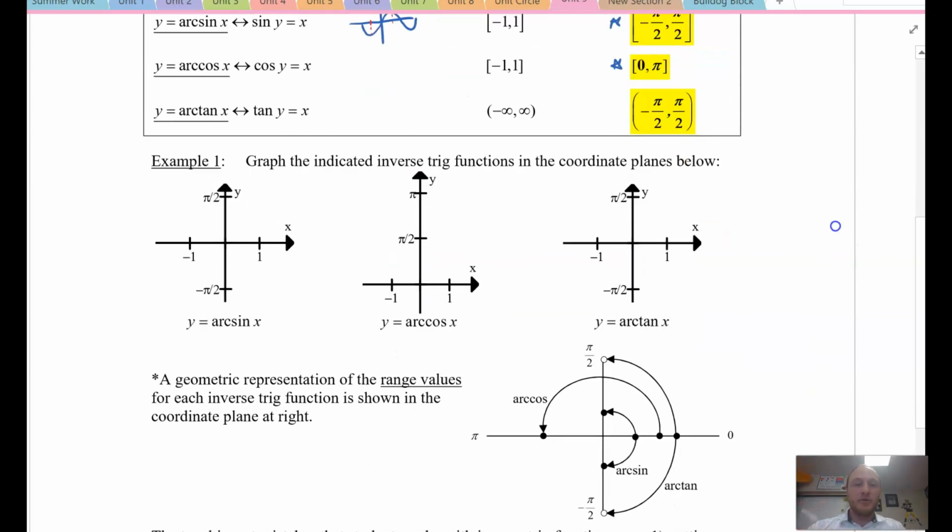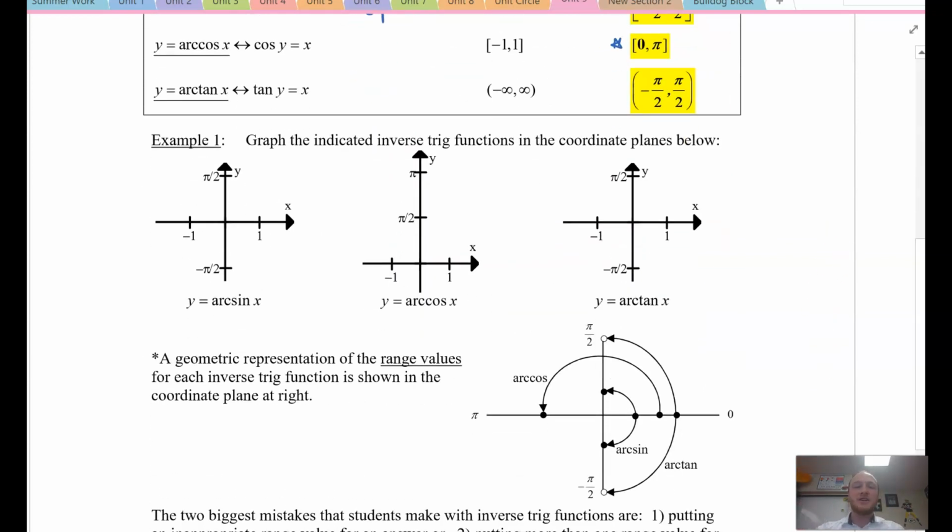Okay, so they want us to graph the indicated inverse trig functions in the coordinate plane below. First, arc sine. If I graph the inverse, it looks something like this. Inverse of cosine, arc cosine, looks something like this.